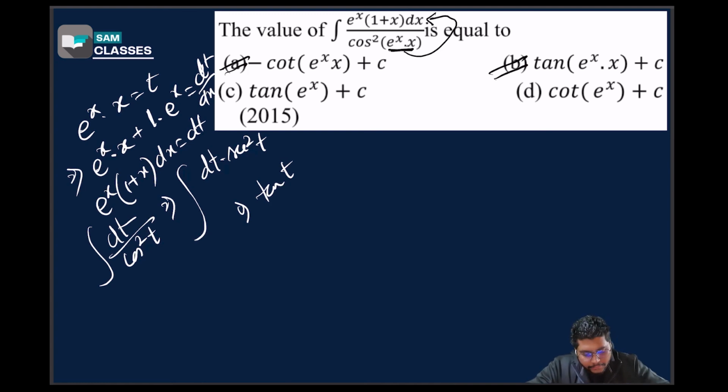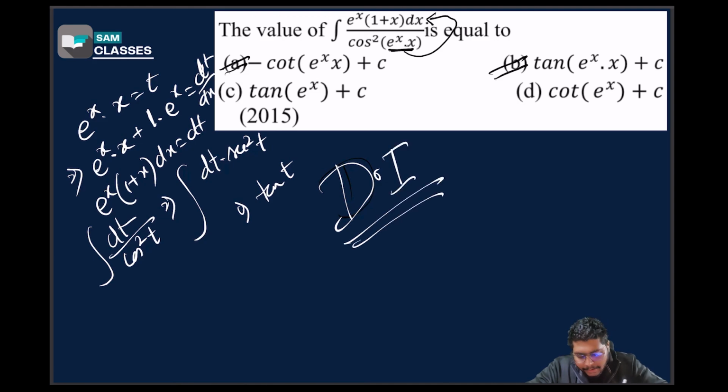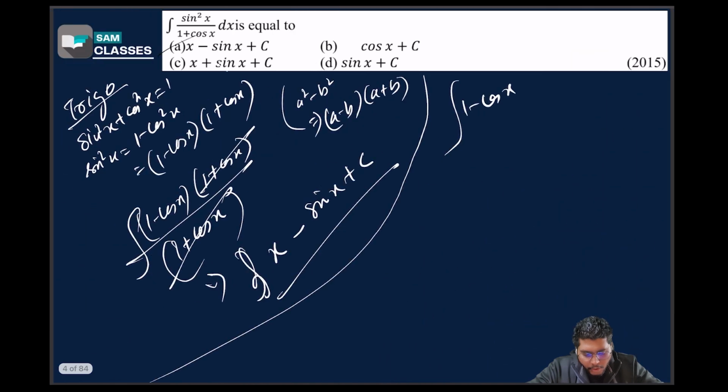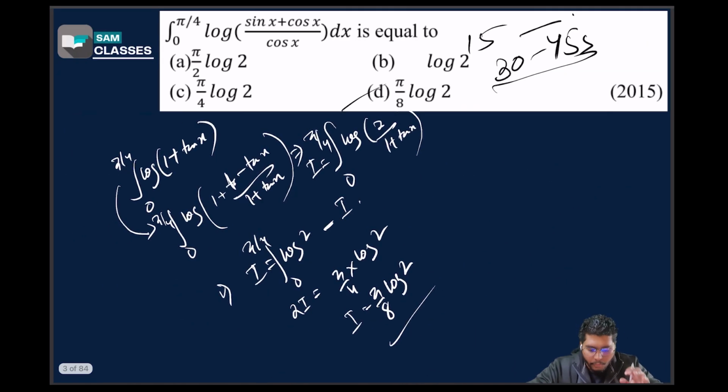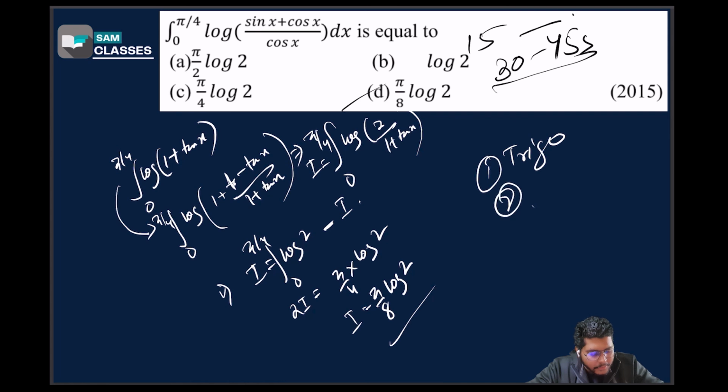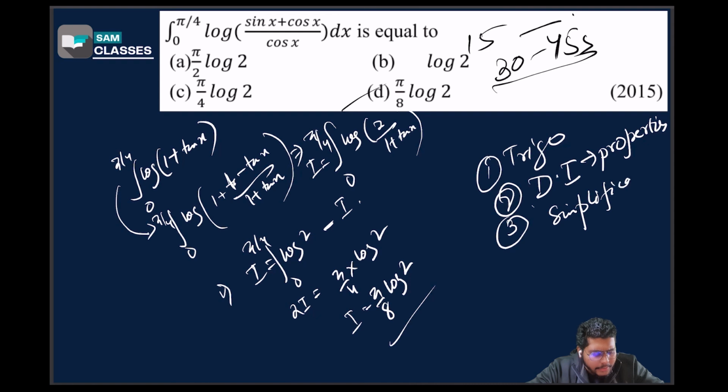Here we used the definite integral formula and a bit of derivative. If you do an analysis of all the questions we have solved of 2015, what we have learned is either we are using trigo, or second, we are using definite integral properties, or third, we are going by a bit of simplification, a bit of log here and there, nothing more than that.